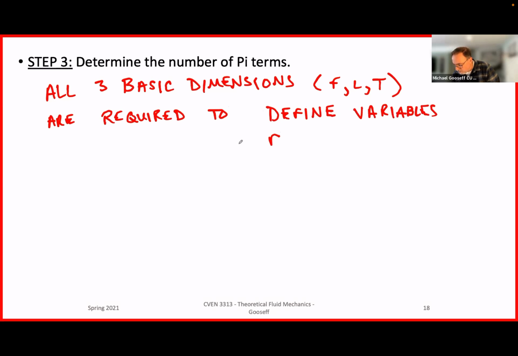So what that means is R is equal to 3. R, that we defined several slides ago, the number of these basic dimensions or reference dimensions that are required, is 3.